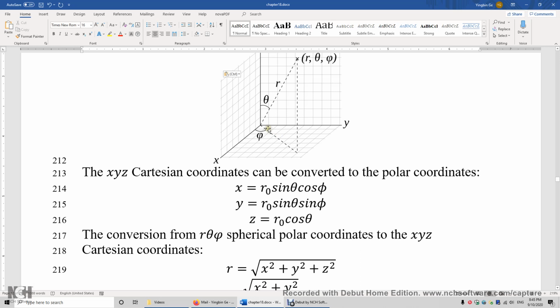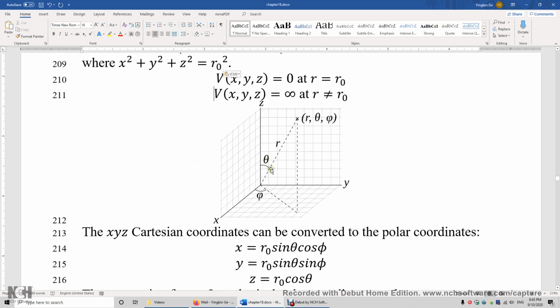All right? So this dashed line, the projection of r on the xy plane, is r0 sine theta. And this r0 sine theta times cosine phi will give us x. Times sine phi will give us y.